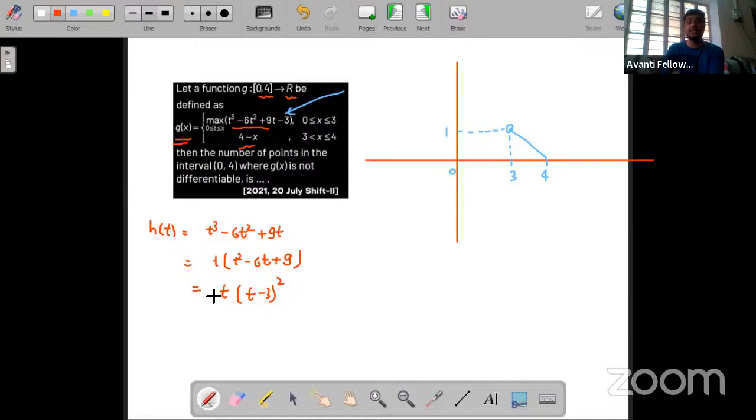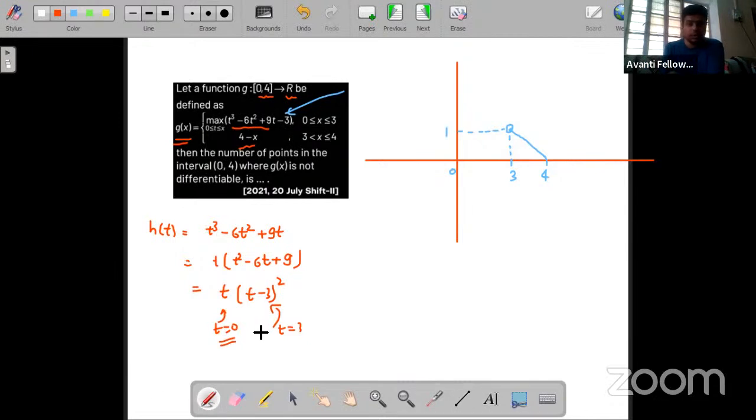So now you can see this graph has three x-intercepts or three roots or three zeros. One is t equals 0, and the other is t equals 3. So what will happen? The graph will intersect at t equals 0, but the graph will touch at t equals 3. Right? Because at 3 we are getting repeated roots, and when we get repeated roots, the graph will touch that point.